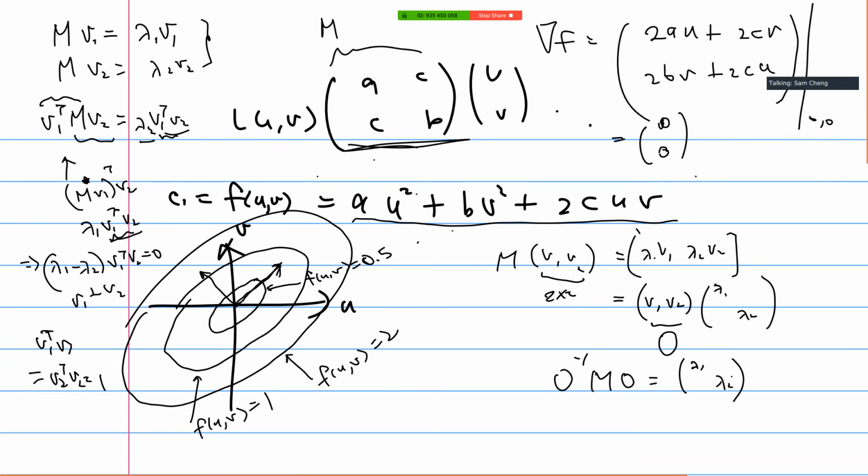Let's see, multiplying both sides on the left by O inverse, I can diagonalize that. Now I can write like this.